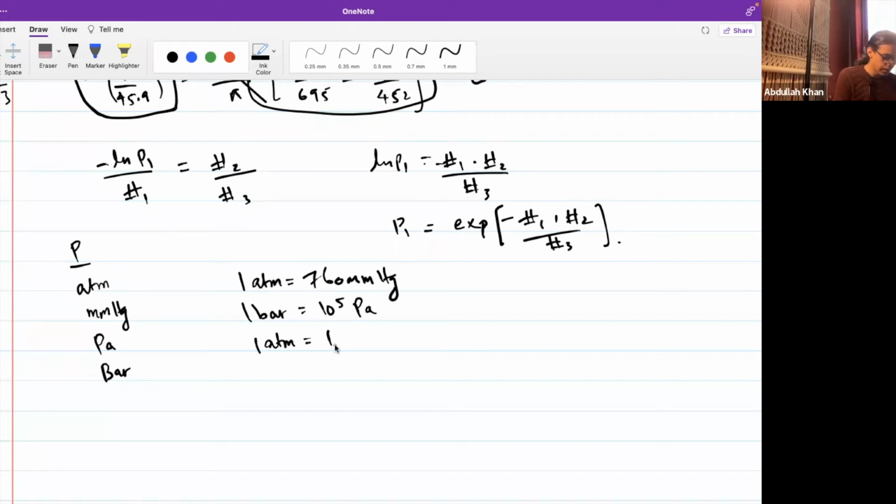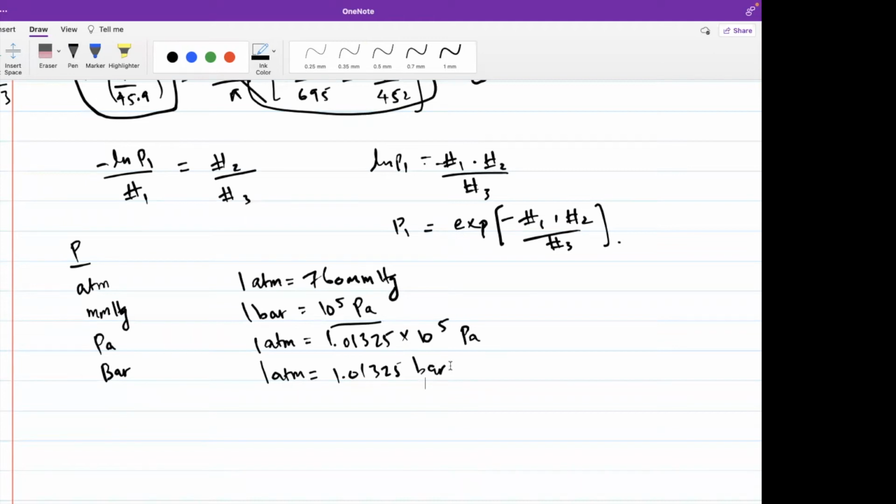I forget. 1.01325 times 10 to the 5 pascals. But we know 10 to the 5 pascals is a bar. So 1 ATM is also 1.01325 bars.